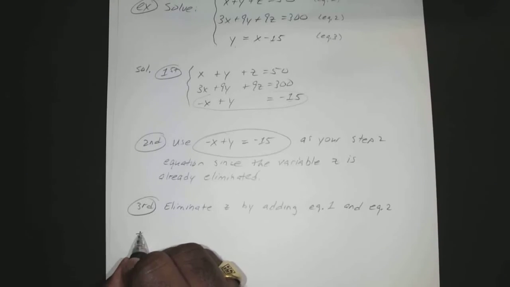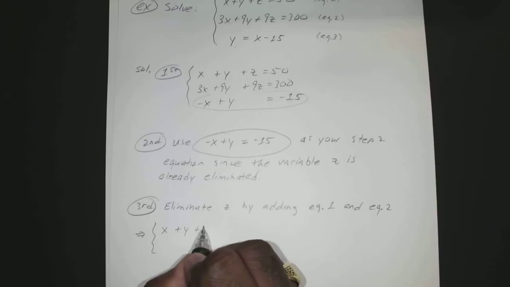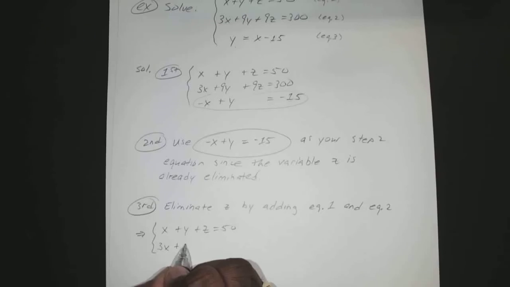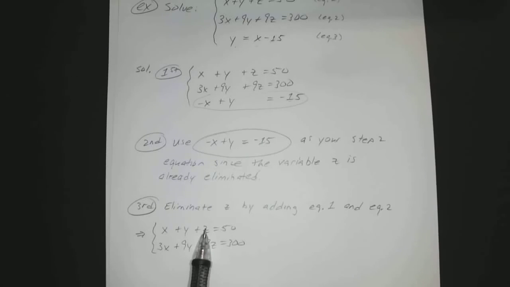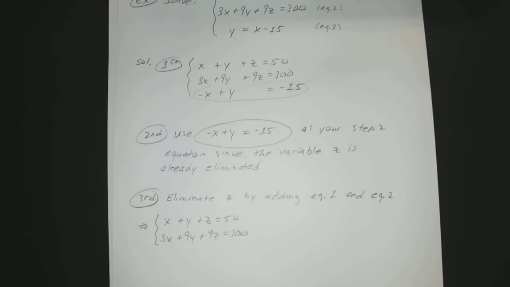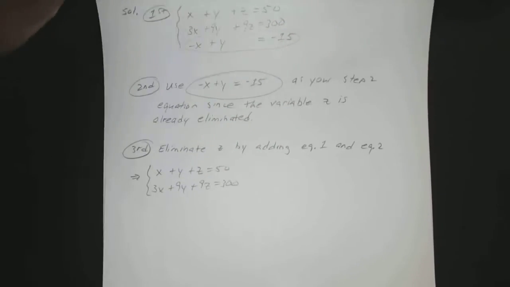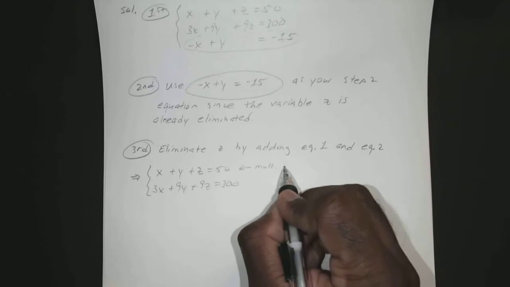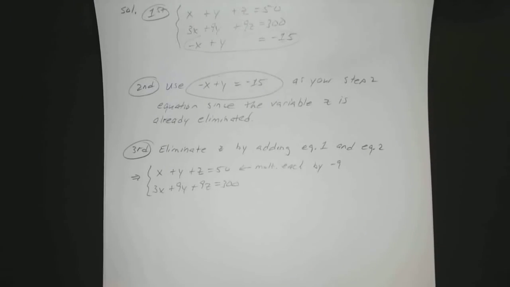If we have our equation 1, x plus y plus z equals 50, and equation 2, 3x plus 9y plus 9z equals 300, and we're going to get rid of the z, we just have to multiply each term here by negative 9. Bring that up some. Multiply each by negative 9.